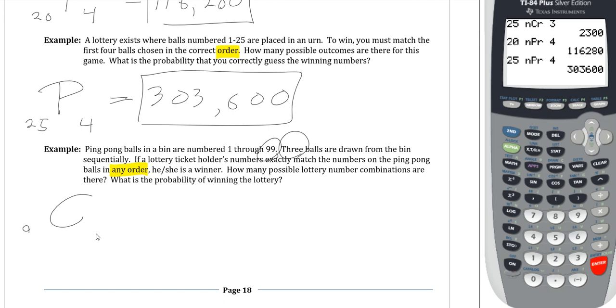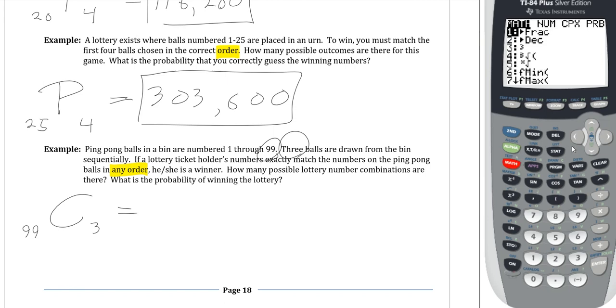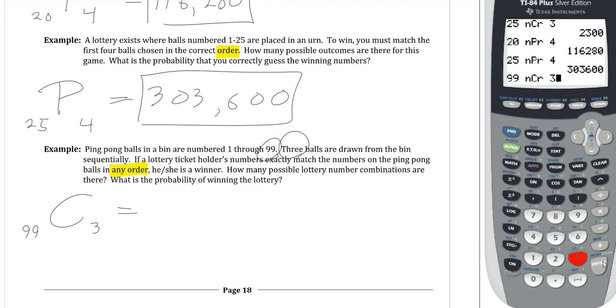Of the 99 balls, we are selecting 3 of them. So it's going to be 99, math, probability, NCR. 99 choose 3. And we get 156,849.